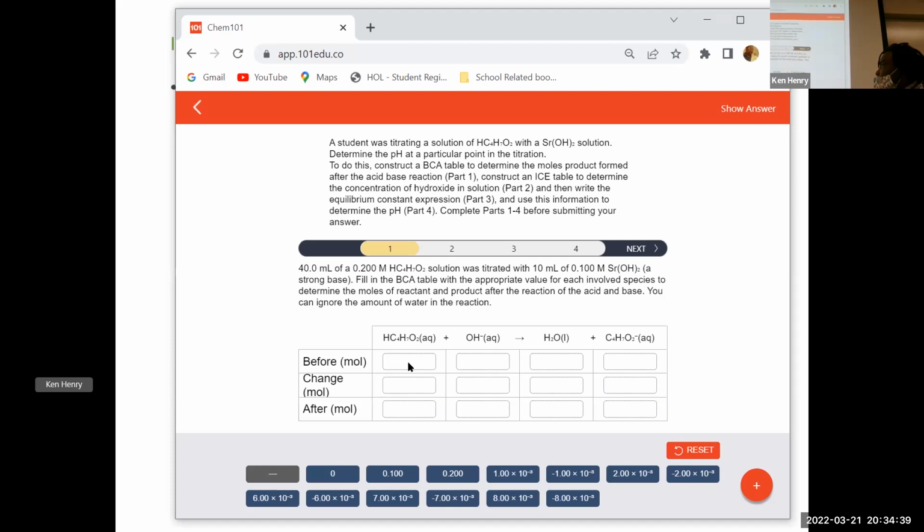Okay, so it says 40.0 mLs of a 0.22 molar HC4H7O2 solution was titrated with 10 mLs of 0.1 molar strontium hydroxide, which is a strong base.